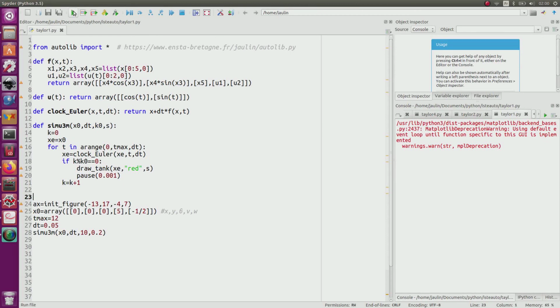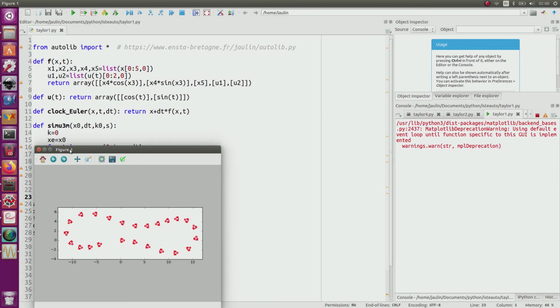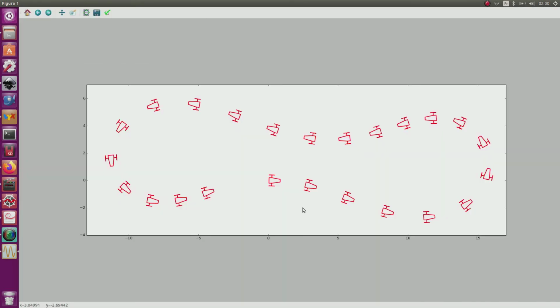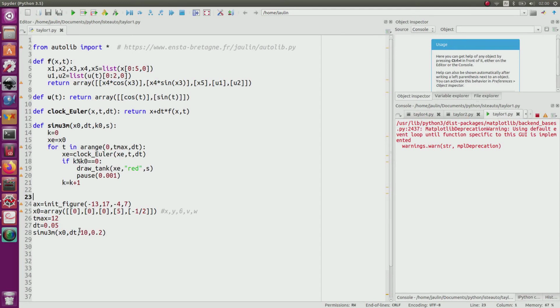If I start the program, I will get this. Okay, this is the integration corresponding to my problem. Okay. Now I have no idea how accurate the Euler method is or not. So what we usually do is make some comparison like this.